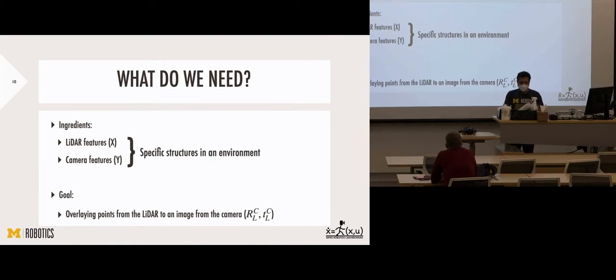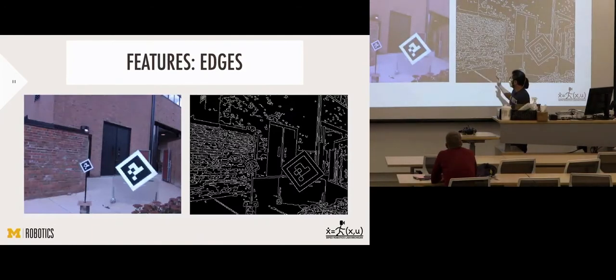For example, you would have edges, right? On the left is a regular image. On the right is the edge detection of the image. So you can see that this is a plane. This is a door, so you can see the edges are extracted. This is extracted. So those are just one type of features that we can utilize from the image plane.